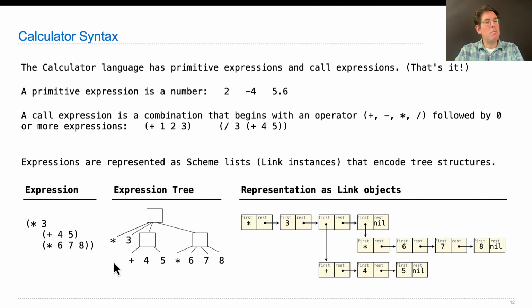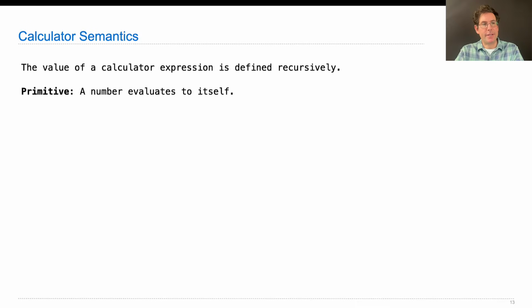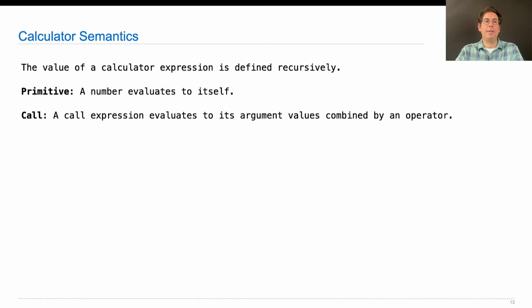But that actual multiplication and adding is not part of the form or syntax of the language. That's part of the meaning or semantics. So the meaning or semantics is that the value of a calculator expression is defined as a primitive evaluates to itself, and a call expression evaluates to its argument values combined by an operator according to the following rules.